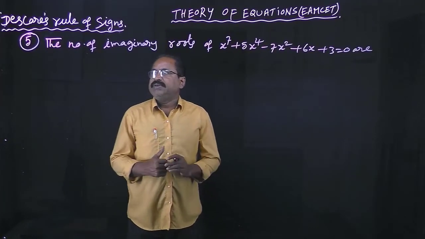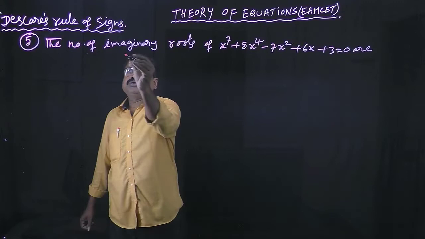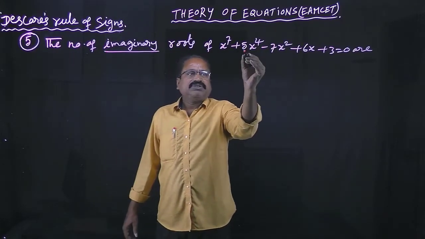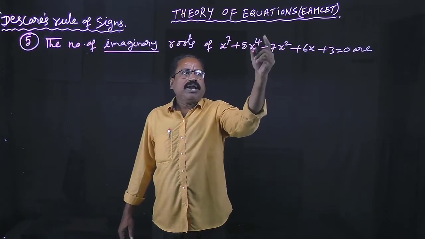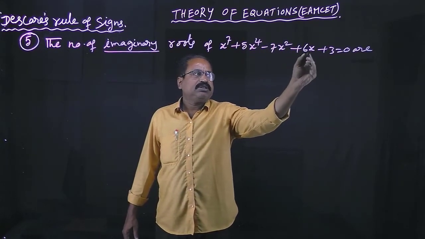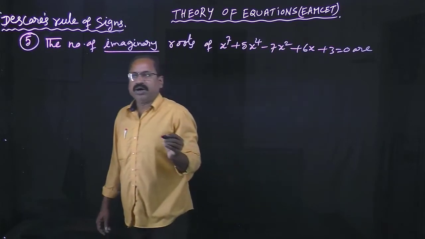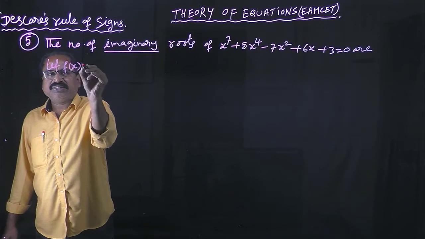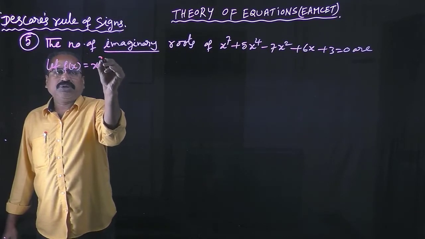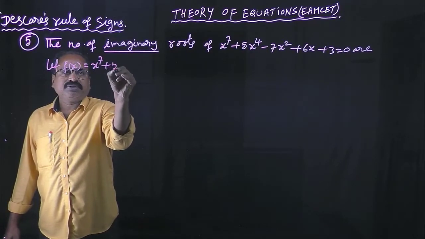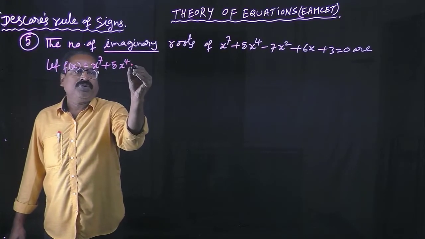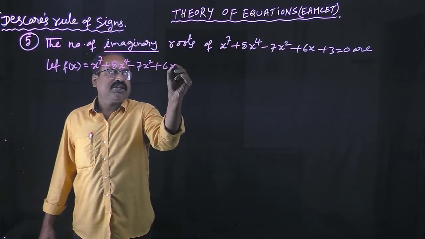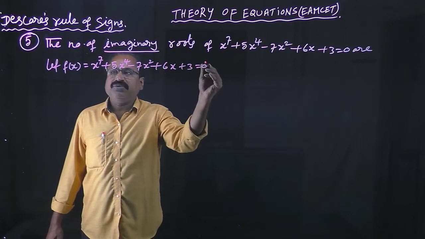Fifth one is the number of imaginary roots of x to the power of 7 plus 5x to the power of 4 minus 7x square plus 6x plus 3 is equal to 0. Let f of x is equal to x to the power of 7 plus 5x to the power of 4 minus 7x square plus 6x plus 3 is equal to 0.